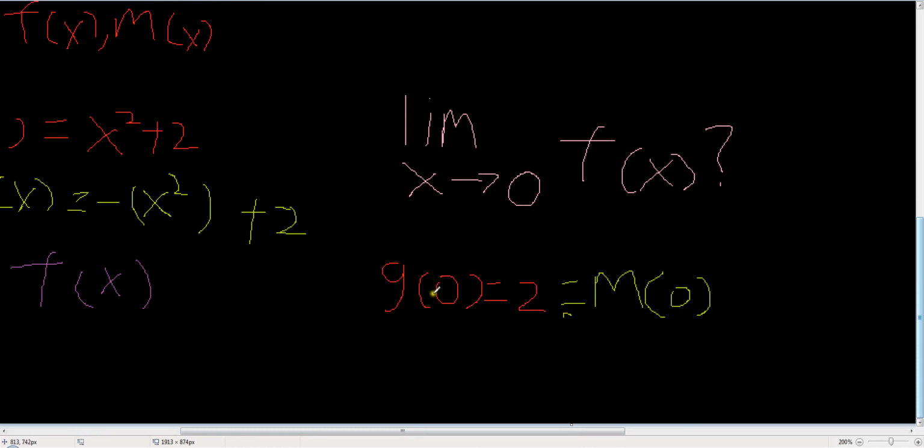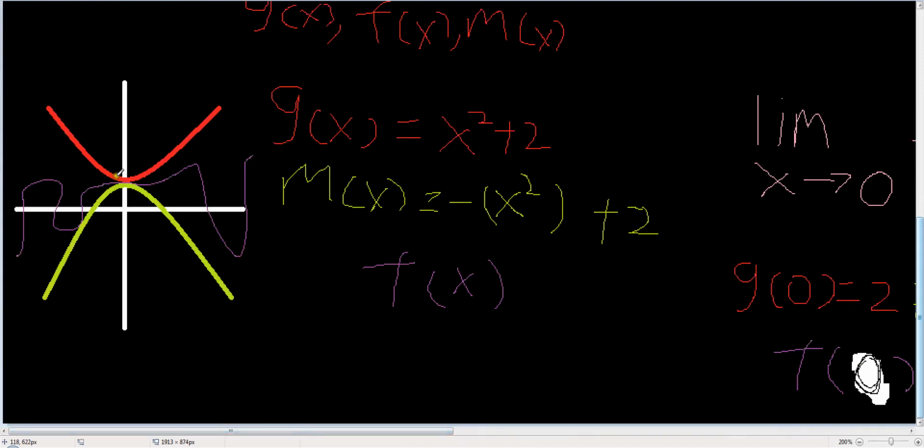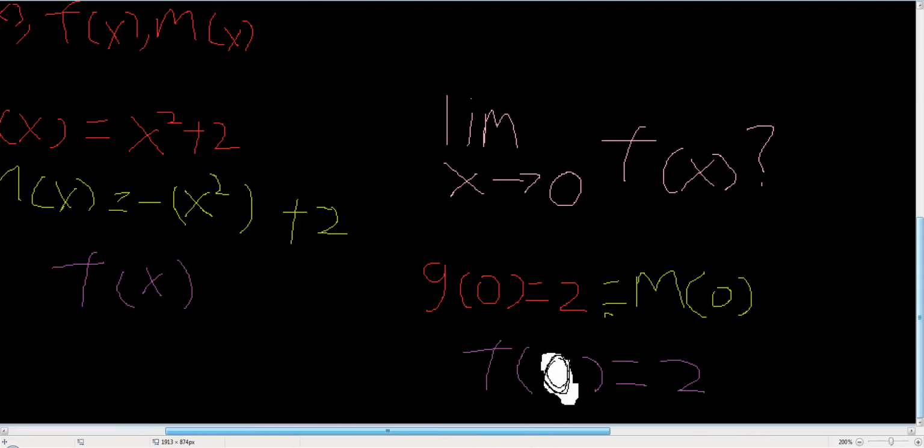So at this point, f of 0 is really equal to 2, because if the top function and bottom function are equal to each other at a certain point, f of x, the middle function, must be the same thing. And if we look at the graph, this is 2.